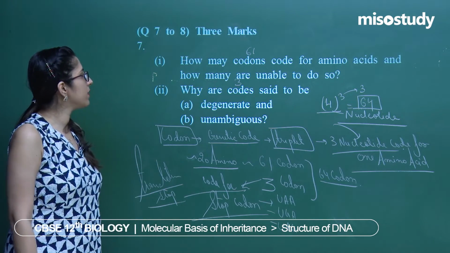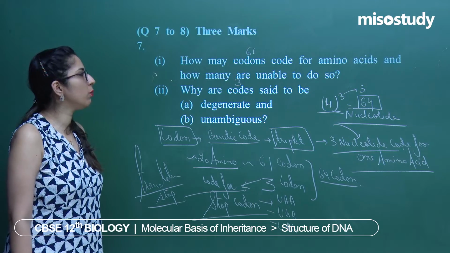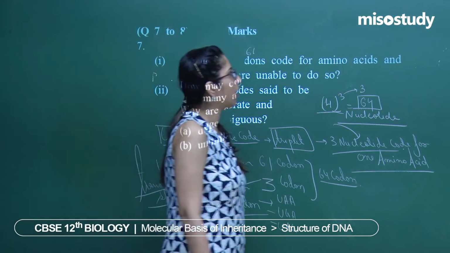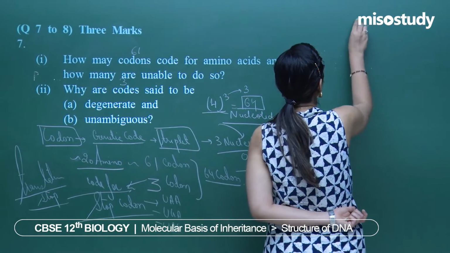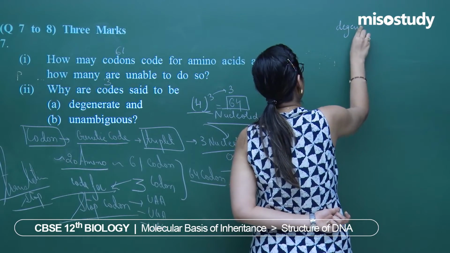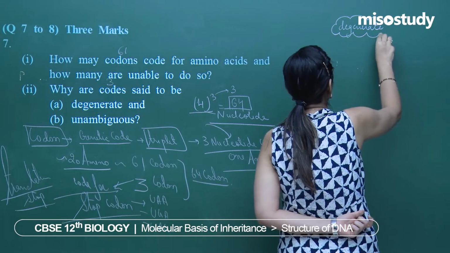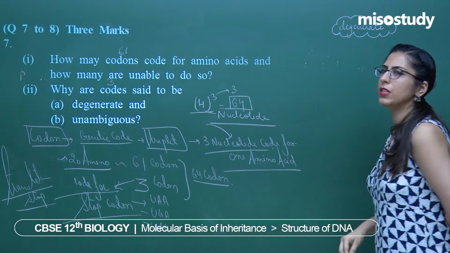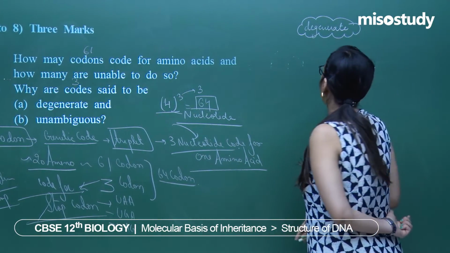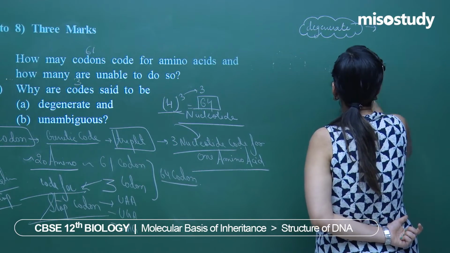Now let's move on to the second part. Codons are said to be degenerate. This is one of the properties of the genetic code, that is degeneracy. What do you mean by degeneracy?